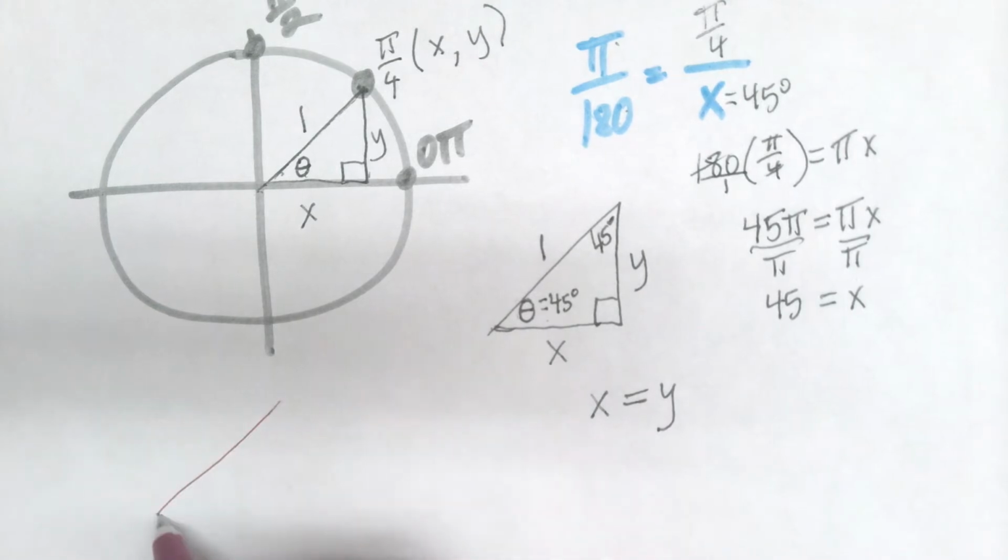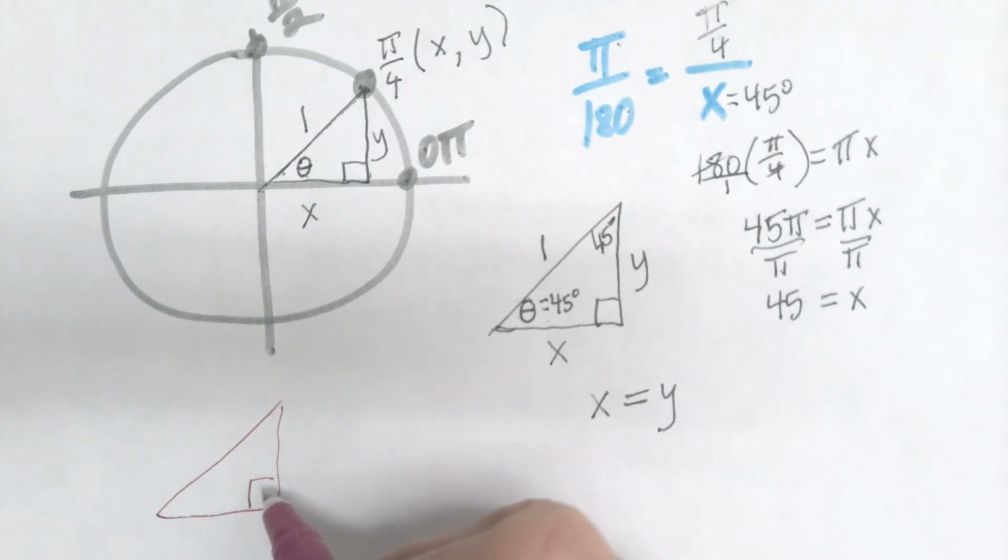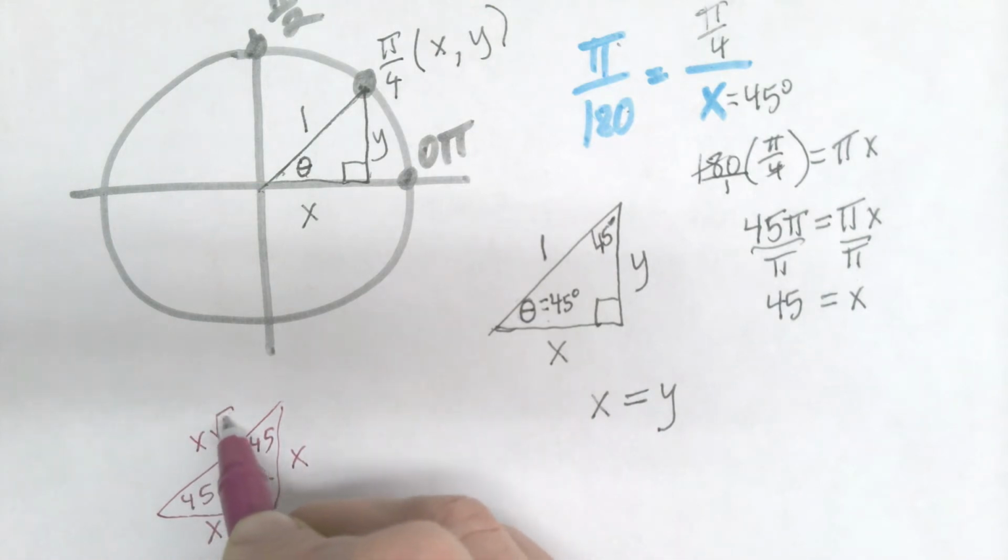And so again, a 45-45 right triangle, maybe you remember how that 45 right triangle looked. I'll just pull out a different color so I can draw the general form here. If this was 45 and 45, and this was x and this was x, then this was x times the square root of 2.